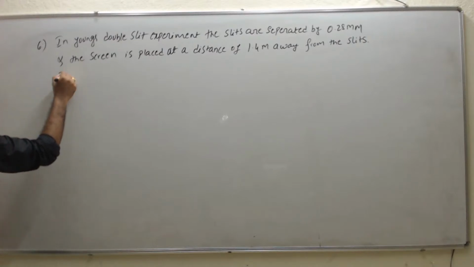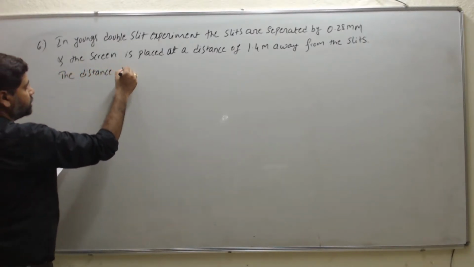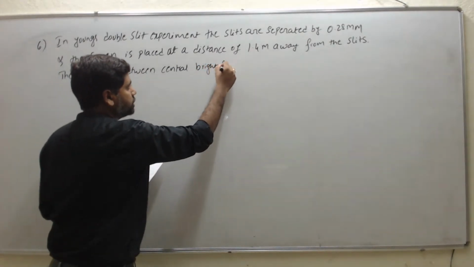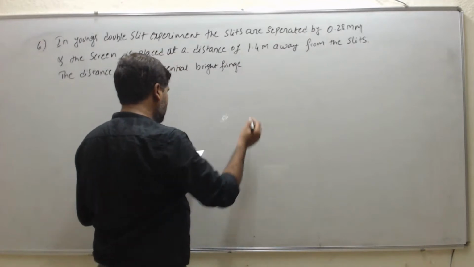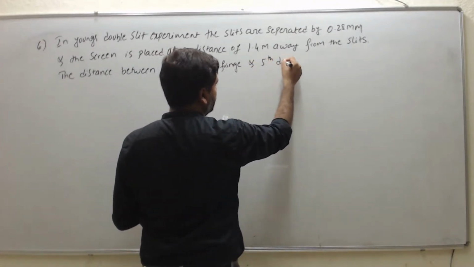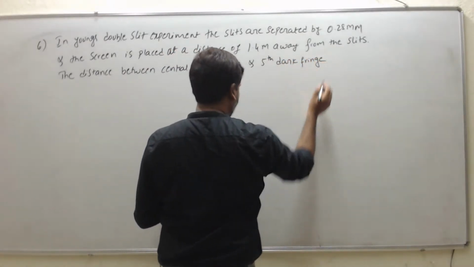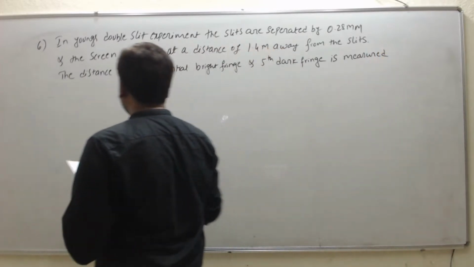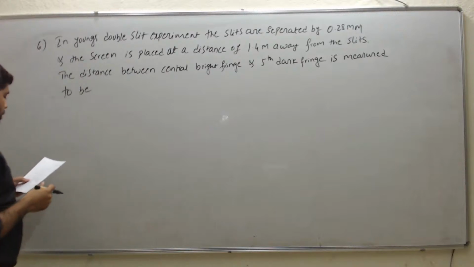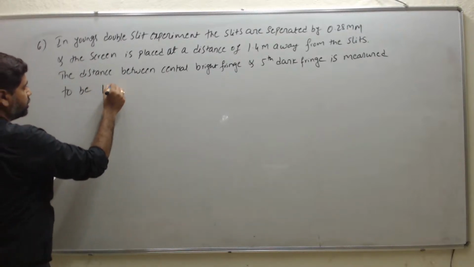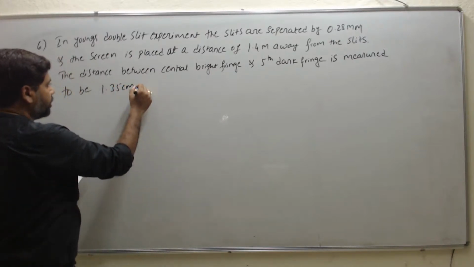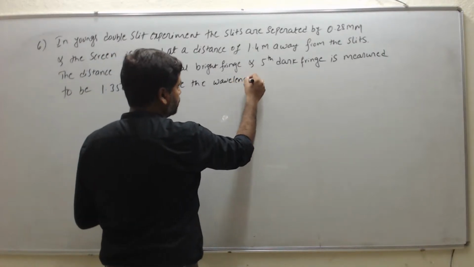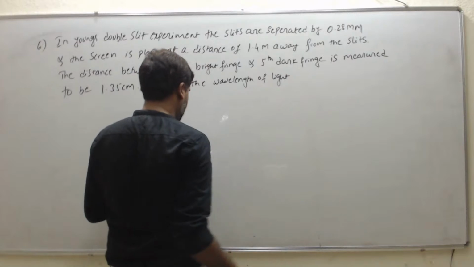The distance between the central bright fringe and the fifth dark fringe is measured to be 1.35 centimeter. Calculate the wavelength of light used.